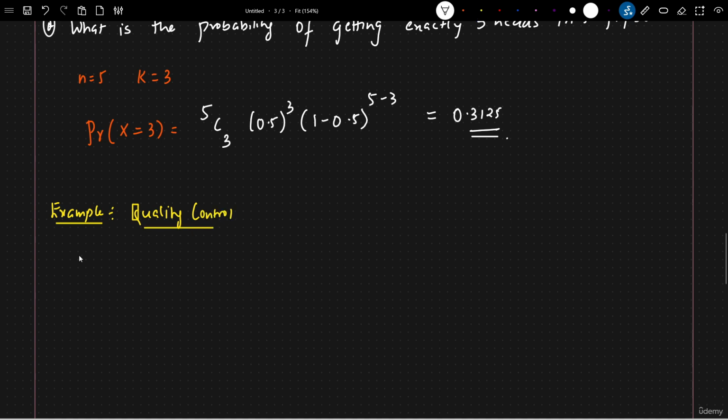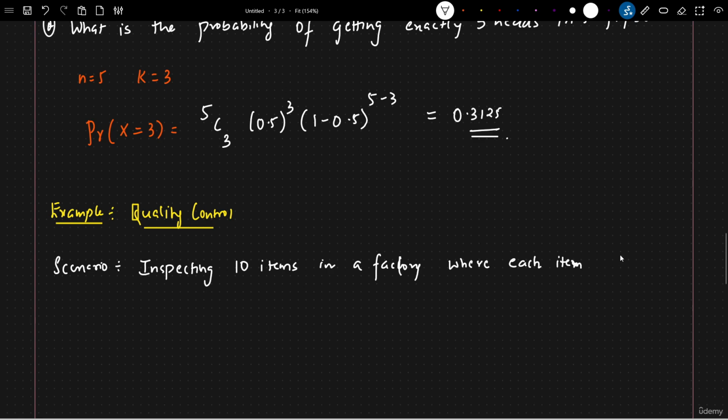Let's say I have a scenario inspecting 10 items in a factory, where each item has a 10% chance of being defective.